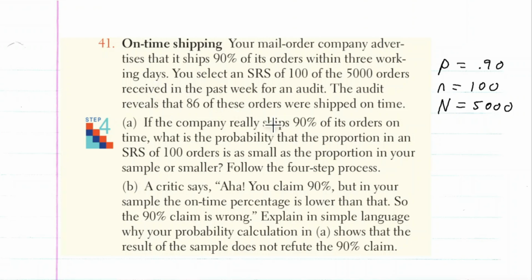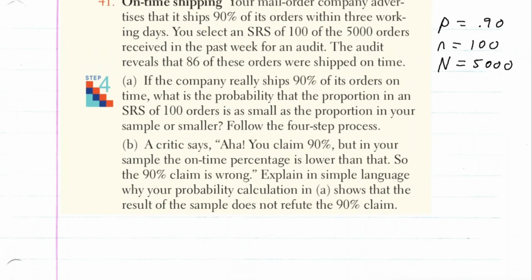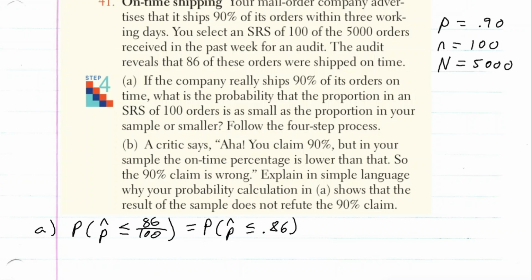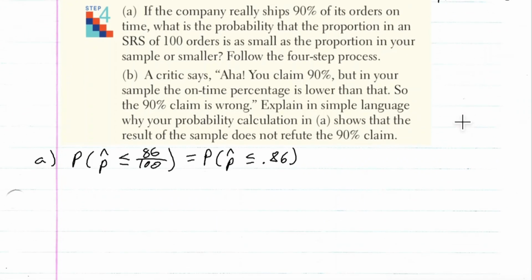In part A, they want to find the probability that our sample proportion p hat is less than or equal to 86 out of 100, or we could write this as the probability that p hat is less than or equal to 0.86.